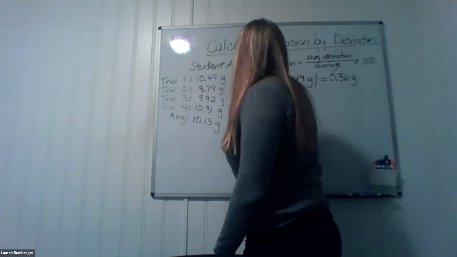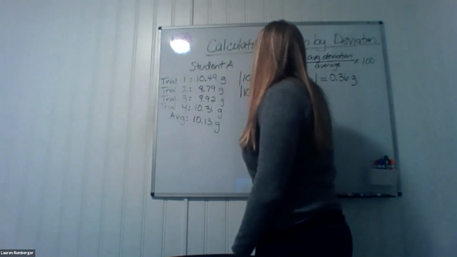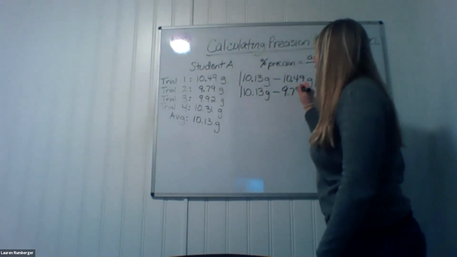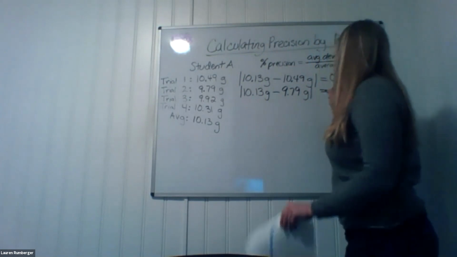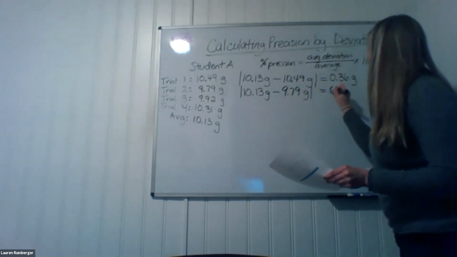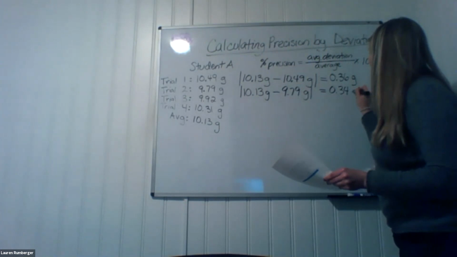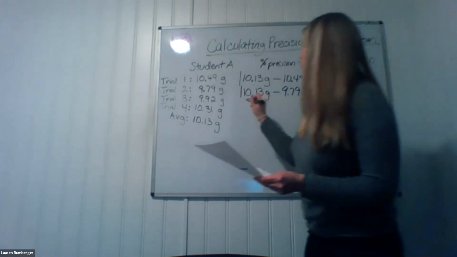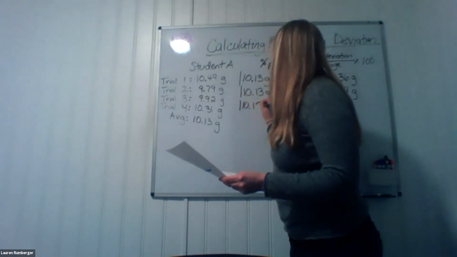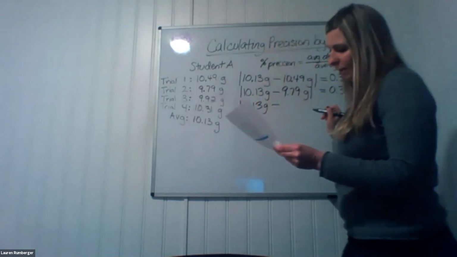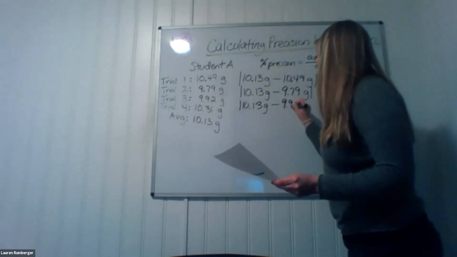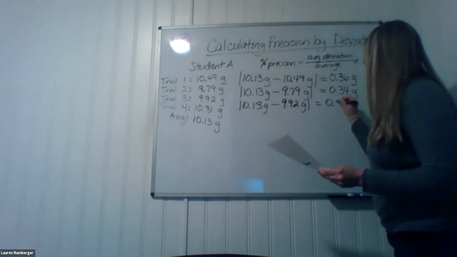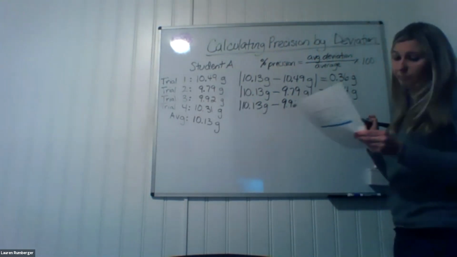Next, we have trial 2, which is going to be the absolute value of 10.13 grams minus 9.79 grams to give us 0.34 grams. Now for trial 3, the deviation will be 10.13 grams minus 9.92 grams to give us 0.21 grams.